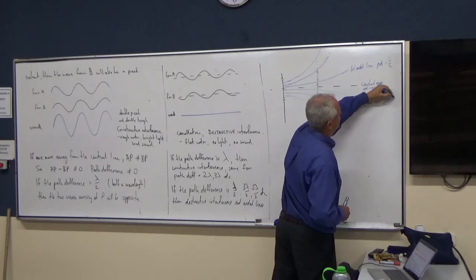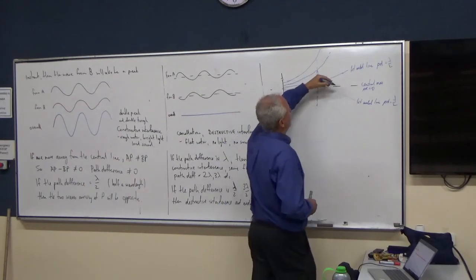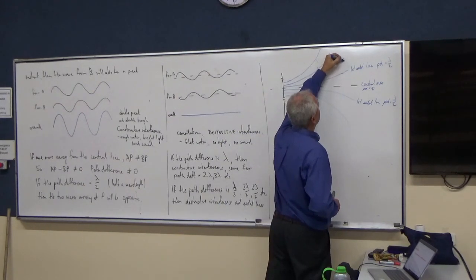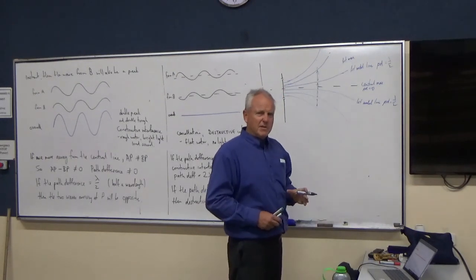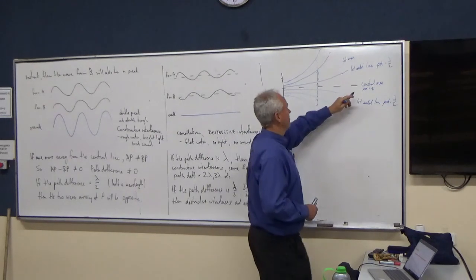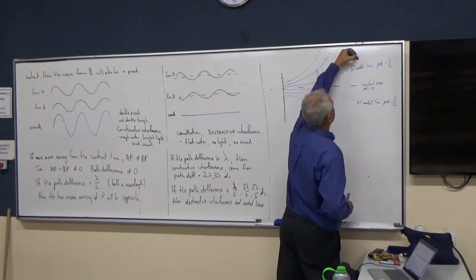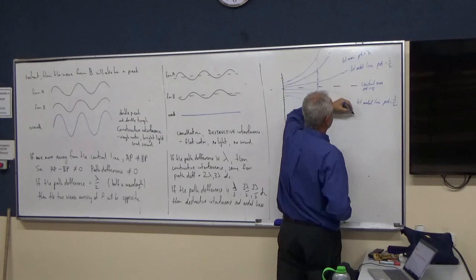Potential difference is lambda on 2. Outside here we've got the first max. Sometimes it's a little bit ambiguous. By first maximum, I don't mean the central maximum. So the first maximum away from the middle, and the path difference is lambda.